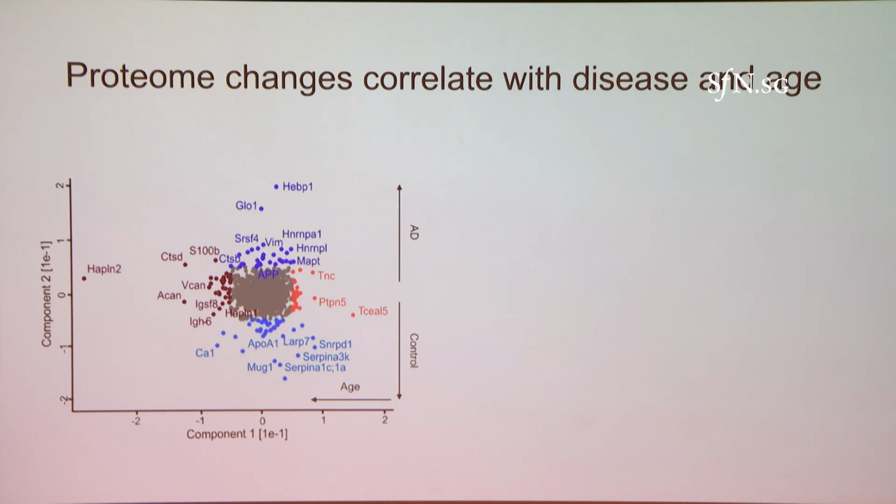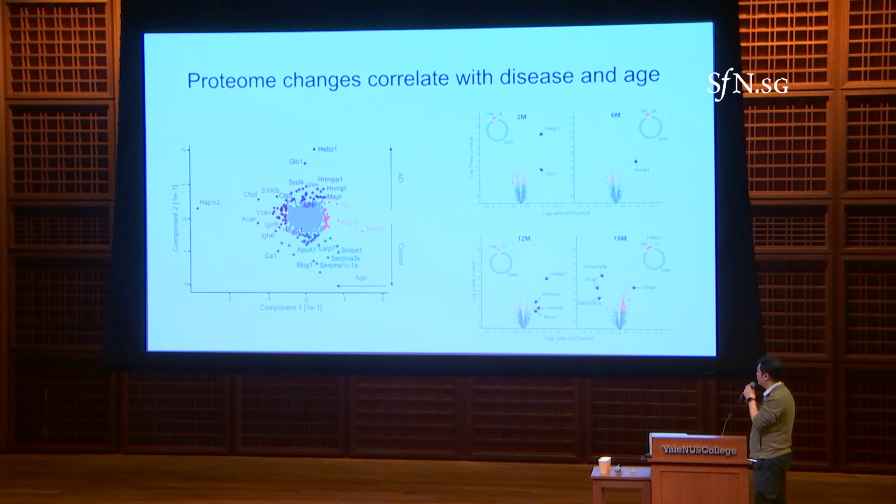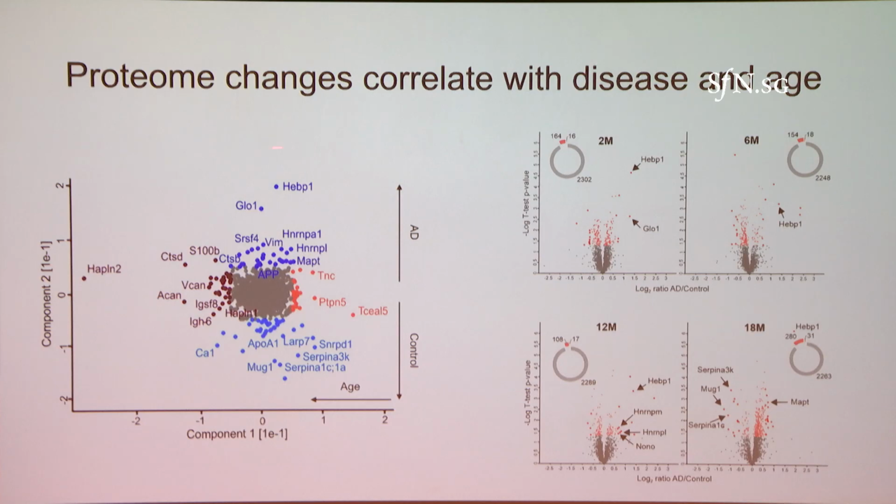So I'm going to focus on the early asymptomatic markers because this is really where our interest is, to try to identify early symptoms. And one protein that I'm going to talk about more is this protein known as HEBP1, as you can see right at the top of the principal component analysis itself.